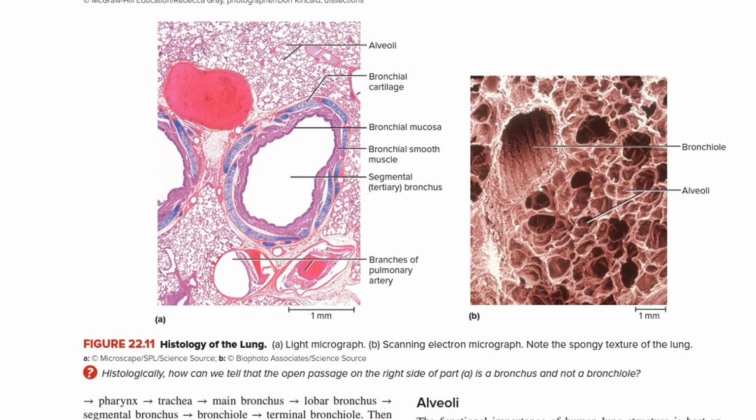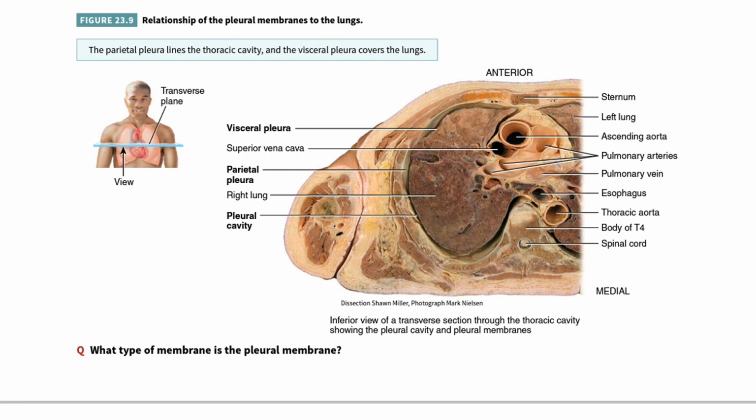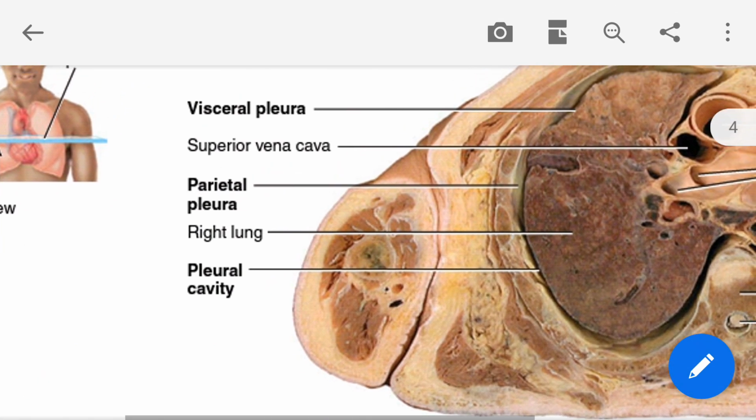So here in figure A, you see alveoli, bronchial cartilage, bronchial mucosa, bronchial smooth muscle, segmental tertiary bronchus, branches of the pulmonary artery. Okay, and here on the right hand side, figure B, bronchiole and alveoli are shown. This one is also a nice figure, and you can read all the names. Okay, so you get the idea.